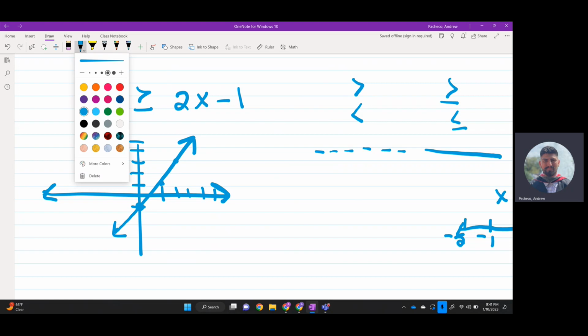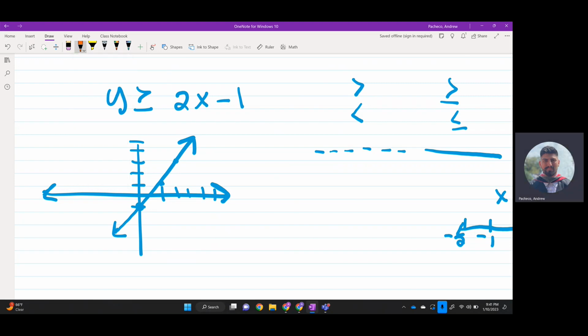What we're doing is we're picking a point right here, 0, 1, and we're going to plug it in for x and for y. When we do that, we either get a true or false statement. If it's true, then we're going to shade on the top. If it's false, we're going to shade on the bottom.